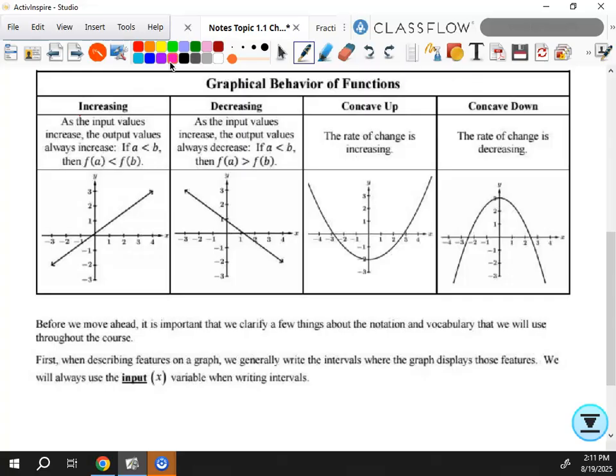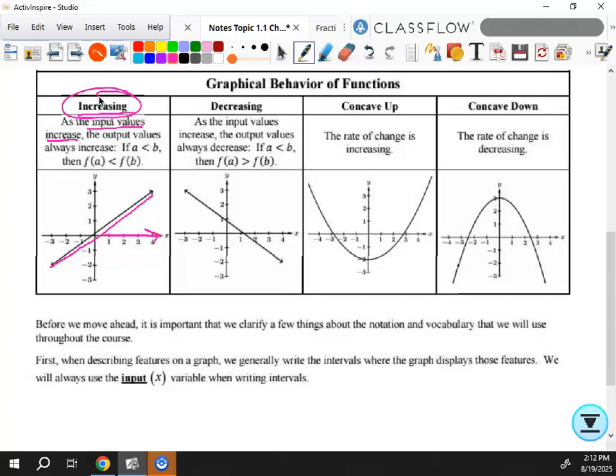So if my graph is increasing, then as the input values increase, my x values, they increase no matter what, because we always go left to right. But as I go from left to right, my output values are getting bigger. That's what makes the function increasing. Does that make sense to you?